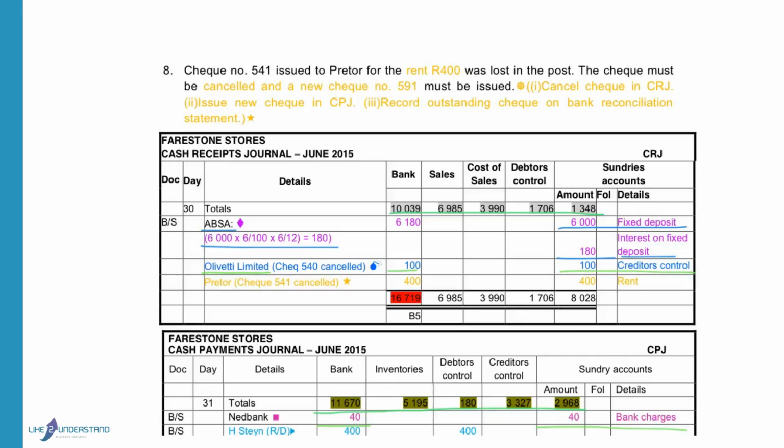Check number 541 was issued to Pretor for 400 Rand and was lost in the post. We will have to complete 3 entries for this. The first one is to cancel the check in the cash receipts journal, so we will show that the check is cancelled and that we owe the rent again. Secondly, we will issue a new check to pay Pretor that will be recorded in the cash payments journal.